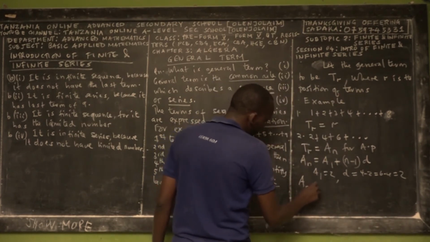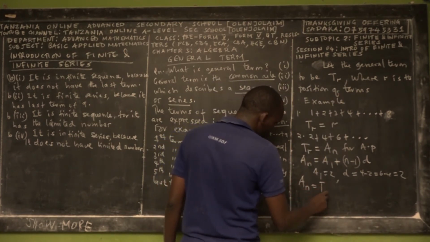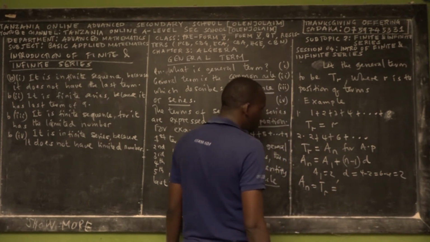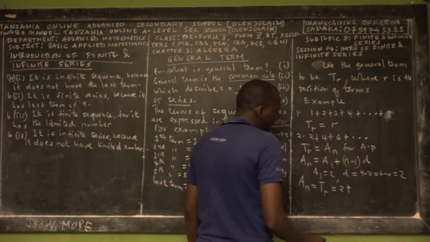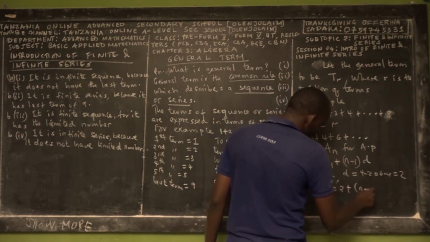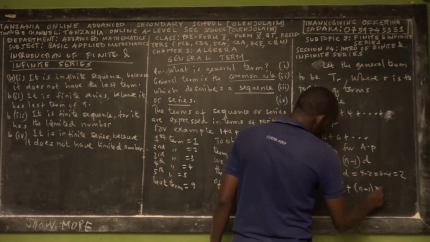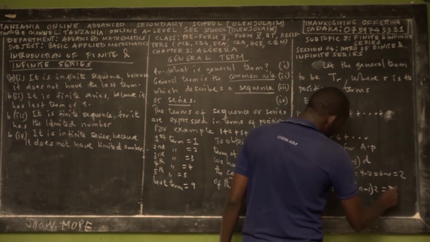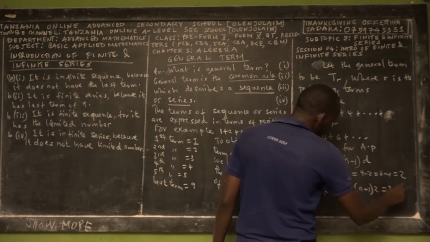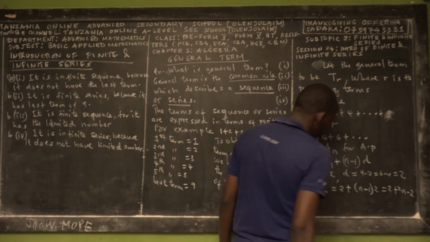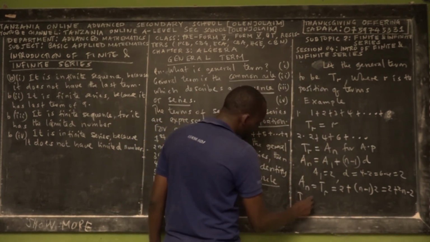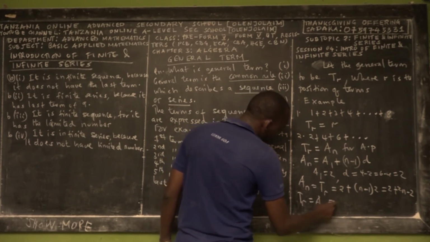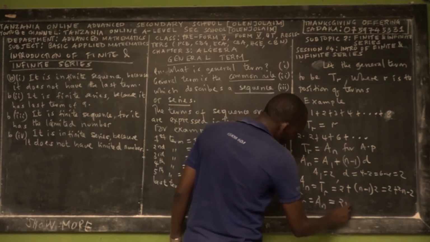So the nth term, a_n, which in other books we call T_R, is equal to the first term, which is 2, plus (n minus 1) times the common difference, which is 2. So 2 times n is 2n, minus 2, plus 2. It means that the nth term, which is T_R, is equal to a_n, and this will be equal to 2n.